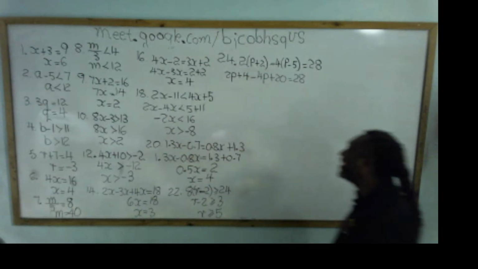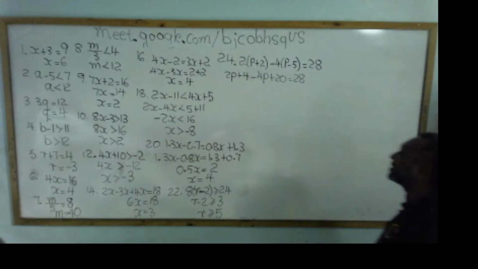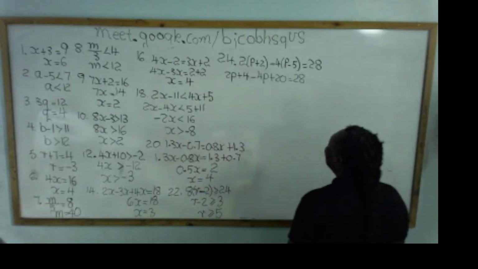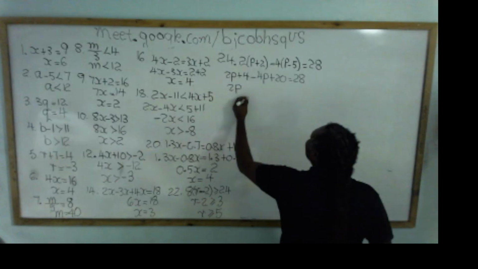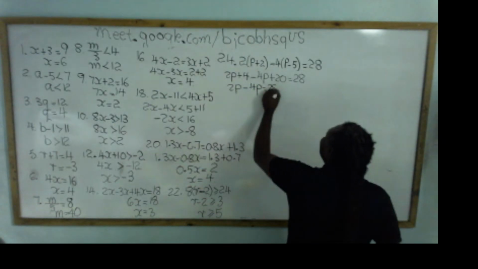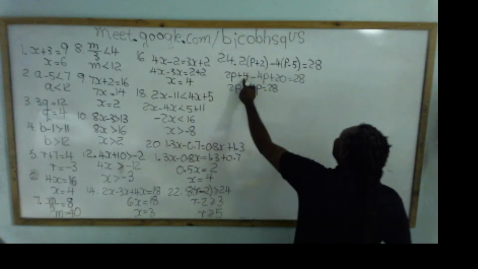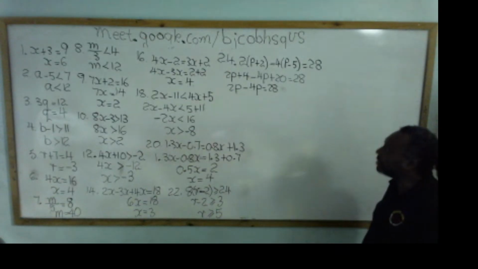Yes, alright, so let's put all of the p's together. And of course, this is what we'll do. 2p minus 4p is equal to 28. We're going to eliminate this positive 4. Alright, let's put it together first so that we can do it in one and it's going to be narrow instead of wide.